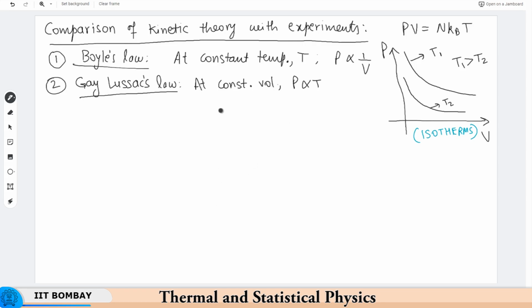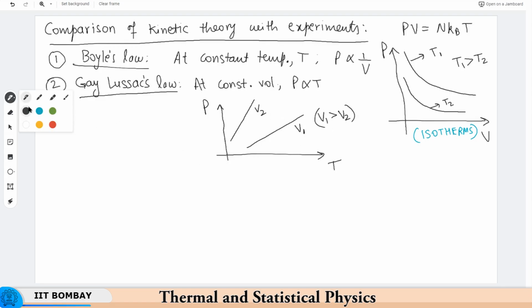So if you plot the pressure as a function of temperature, they are proportional to each other, so there will be linear curves. If we perform this experiment at a certain volume V1 and at V2, where V1 is greater than V2, such curves are known as isochores. Again this is in accordance with the ideal gas equation.